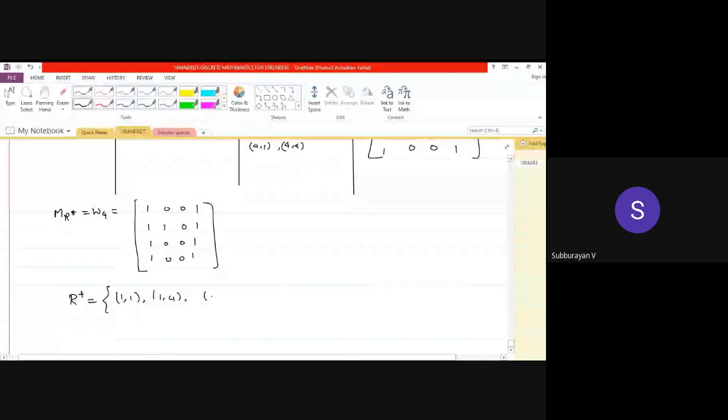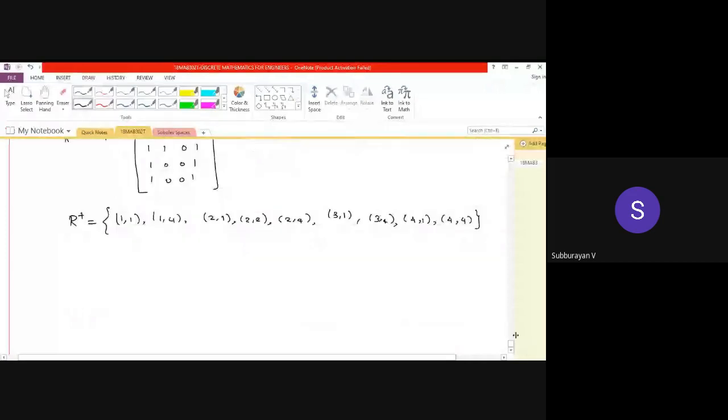This is your transitive closure. You can verify that it is a transitive closure, or in other words, this relation is a transitive relation. Is that clear? Okay.